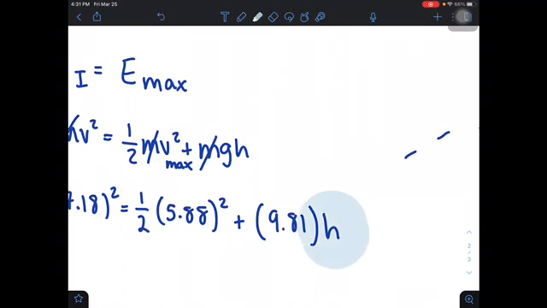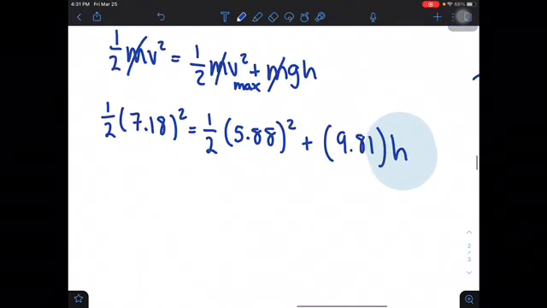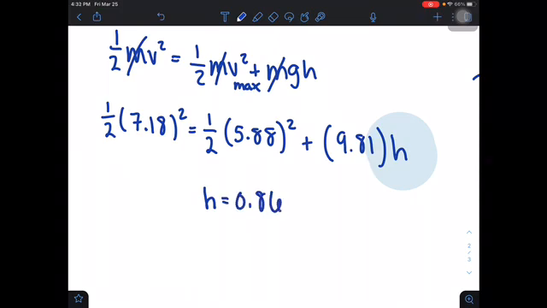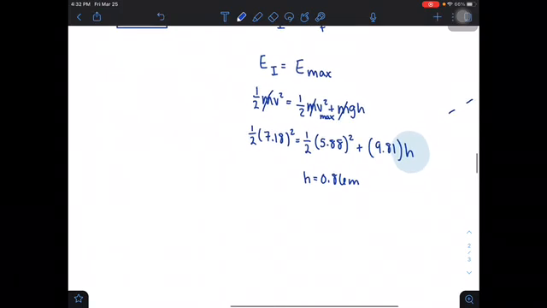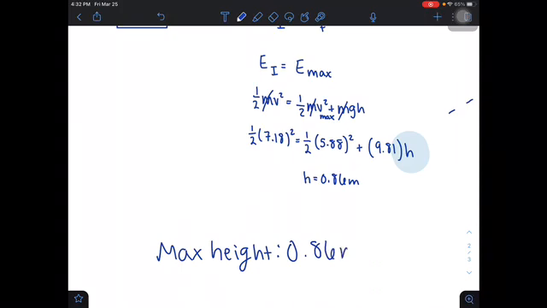And that's what we're going to solve for right there, our height. So once we plug that into our calculator and solve for all our values, we get h is equal to 0.86 meters. So that's our answer. The max height of the ball while in the air is 0.86 meters.